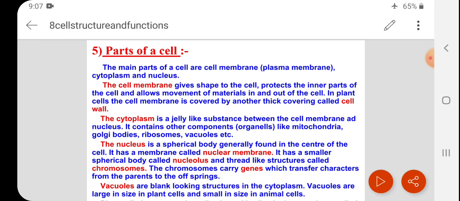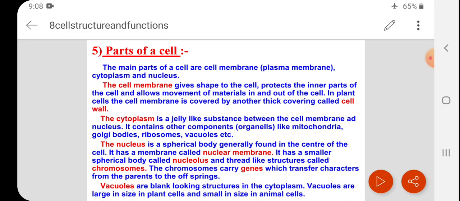The cell membrane gives shape to the cell, protects the inner parts of the cell and allows movement of material in and out. So in general, the cell membrane works as a selective membrane, or you can say a security gate, which will only allow certain molecules to enter the cell and certain molecules to leave.